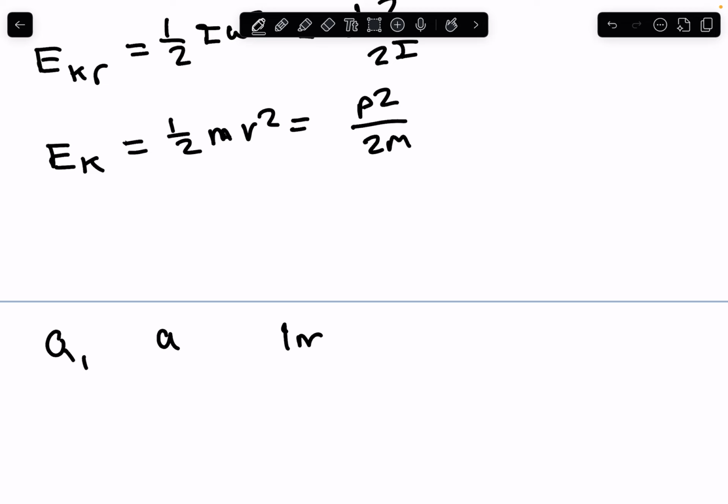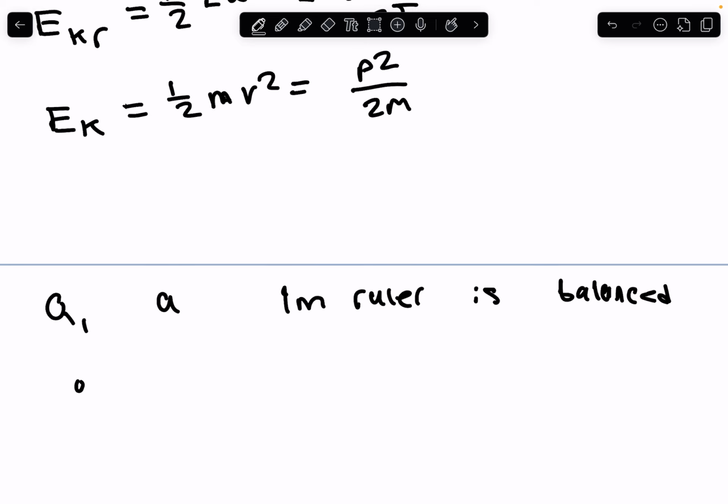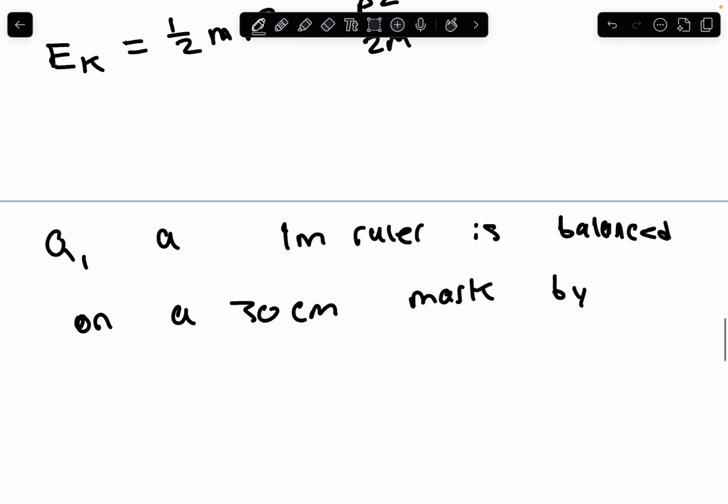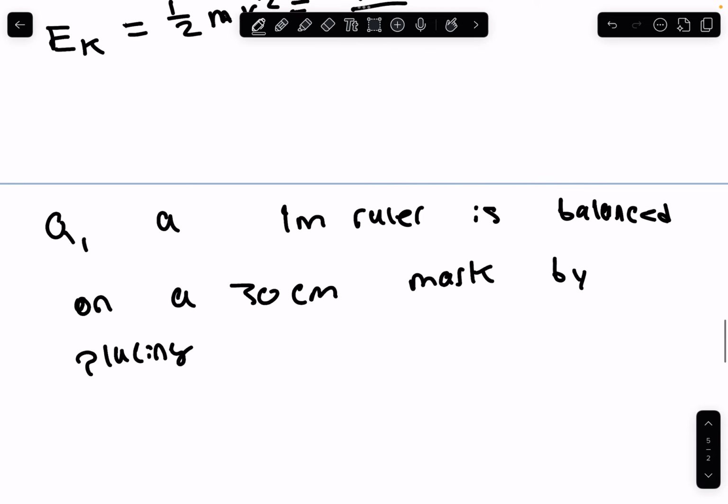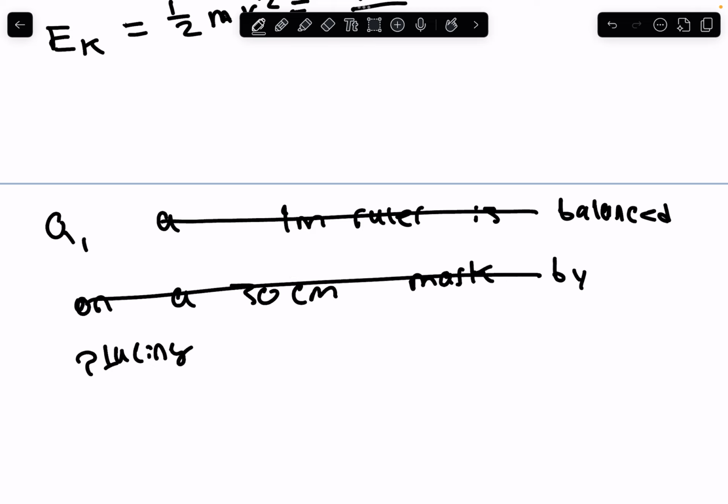A 1-meter ruler is balanced on a 30 centimeter mark by placing mass. Sorry, this is the wrong question. Sorry, just ignore that.